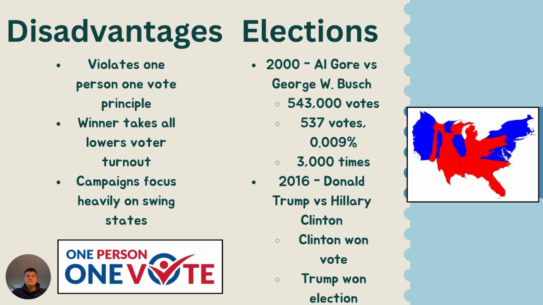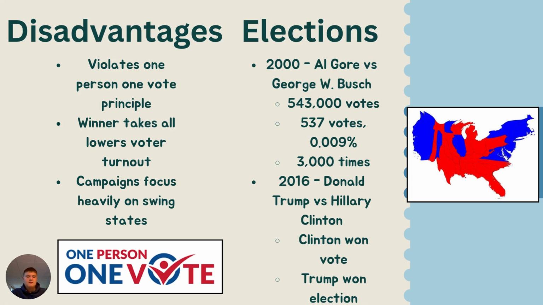Some disadvantages to the Electoral College are that it violates the one person, one vote principle. So basically, in states that don't matter as much, your vote still technically is one vote, but it might not seem like it, as you do not have the full significance of someone in a swing state.